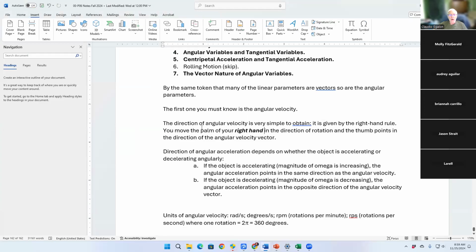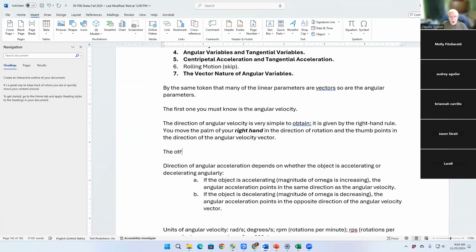The other vector you have to know is the angular acceleration vector.